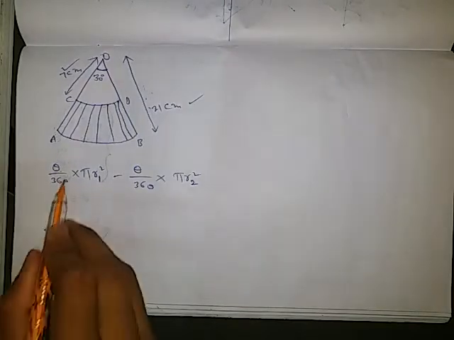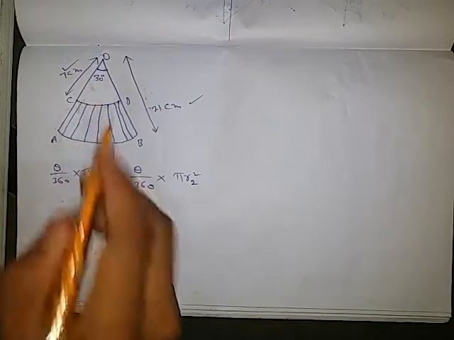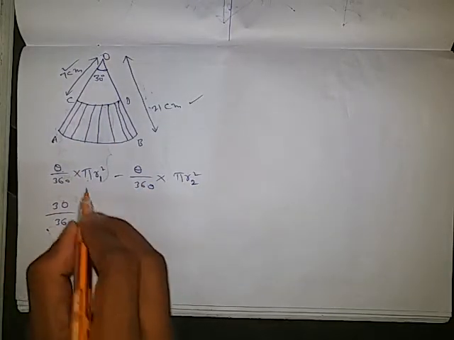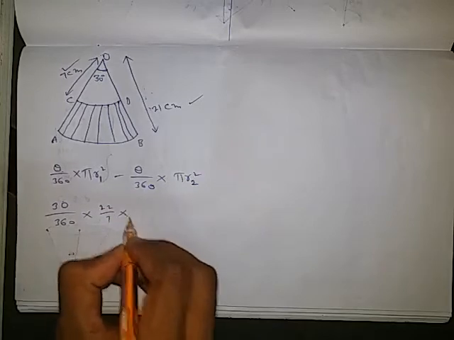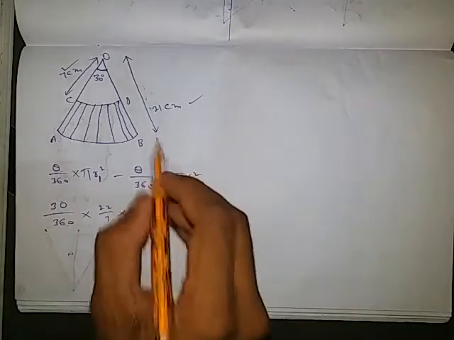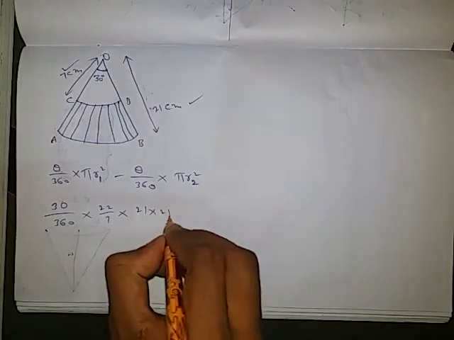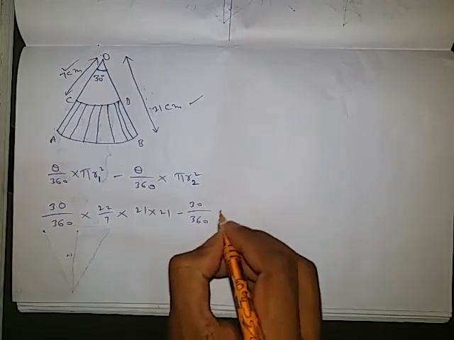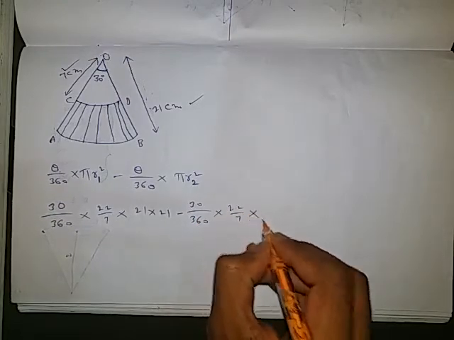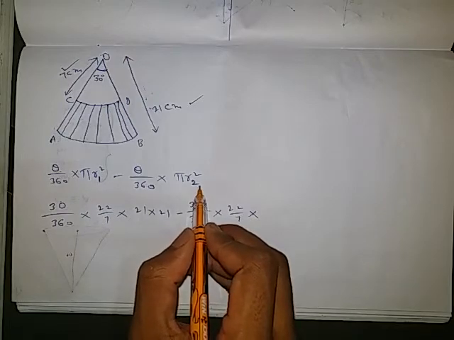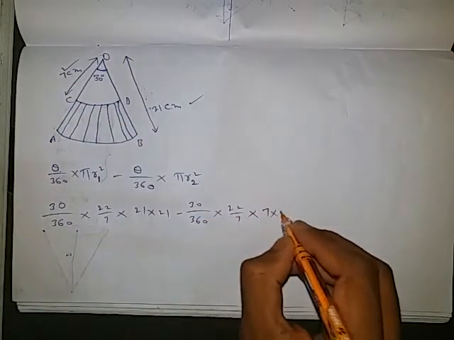Now the theta value is 30 degrees, so 30 by 360 into pi value 22 by 7 into the radius of the bigger sector, that is 21 into 21, minus theta 30 by 360 into pi value 22 by 7 into r2, the radius of the smaller sector, 7, so 7 into 7.